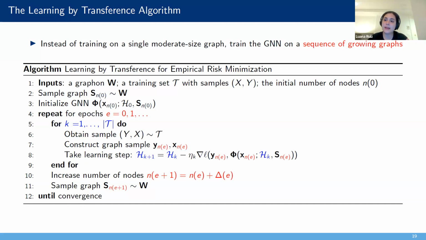And the answer is yes, we can do better by, instead of training the GNN on a single small graph, training it on a sequence of graphs, of increasing graphs, converging to the limit graph or to the limit graphon. This is what I'm showing here on this algorithm.